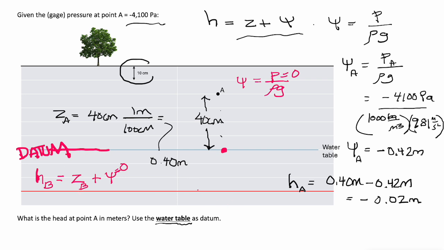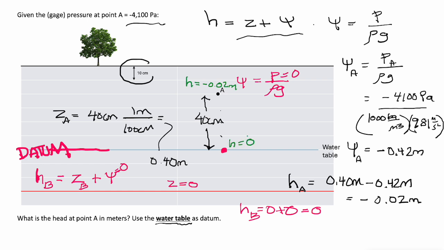So Z is equal to 0 as well. So the head at the water table at point B is just equal to 0 plus 0 equals 0. So how easy is this now? So the head at A was equal to negative 0.02 meters, the head at the water table was equal to 0.